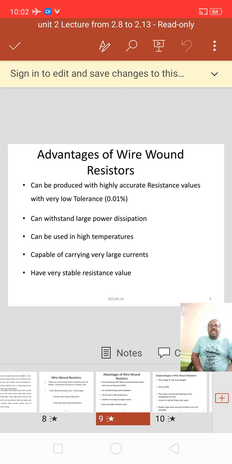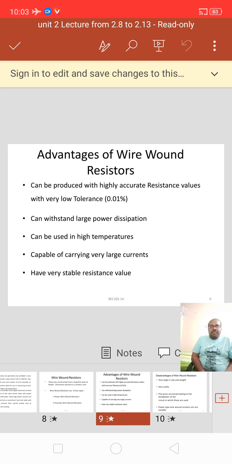It can withstand large power dissipation, that means it can stand when a large amount of power dissipation exists. It can be used in high temperatures also. It is capable of carrying very large currents. It has a very stable resistance value. These are the advantages of wire wound resistors.